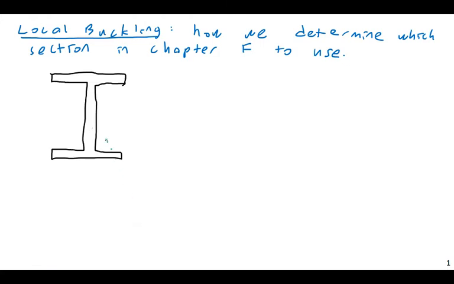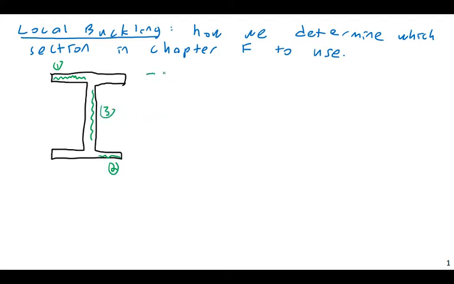We could consider the whole flange as a plate, but in particular, as we discussed previously, when I'm talking about compactness, I'm talking about just one cantilever plate for the flange. So this would be one plate here. The web could be another plate here, and then this flange could be another plate. So 2, 3, that kind of thing.